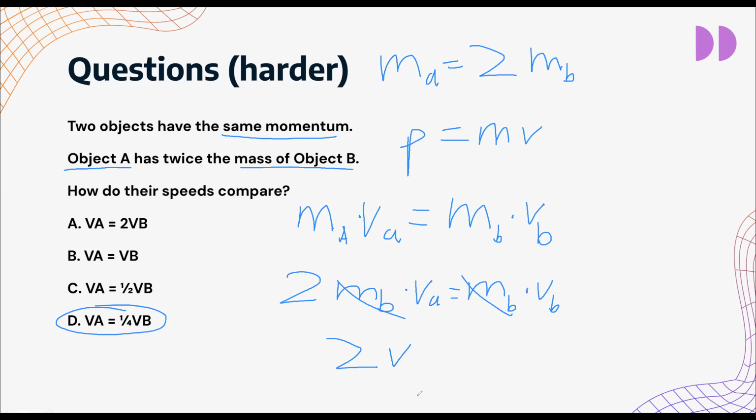So we get 2 velocity of A is equal to velocity of B. Divide both sides by 2, we get velocity of A is equal to velocity of B divided by 2. Does everyone understand that? So that's why our answer is C and not D, because D is 1/4.